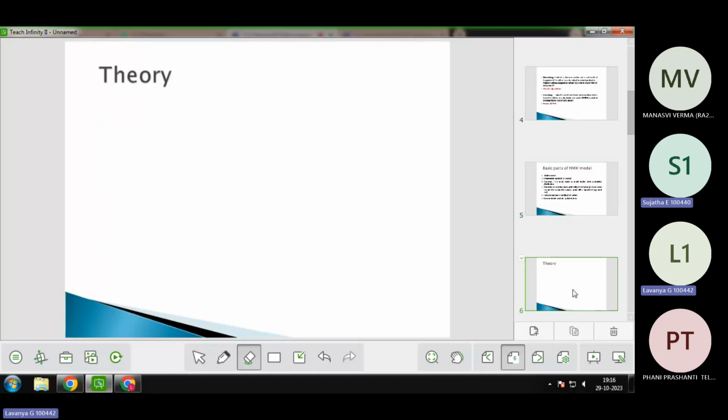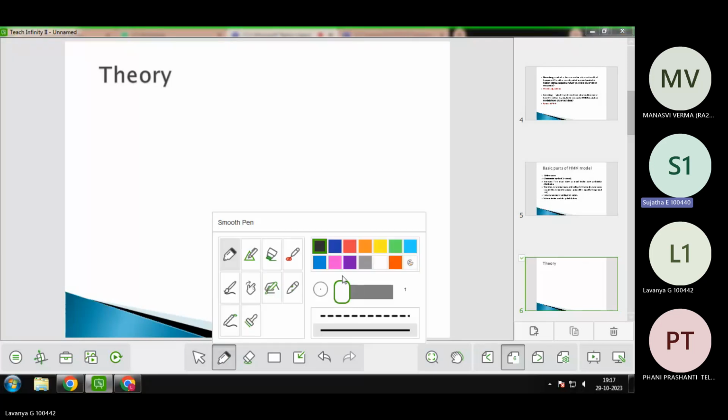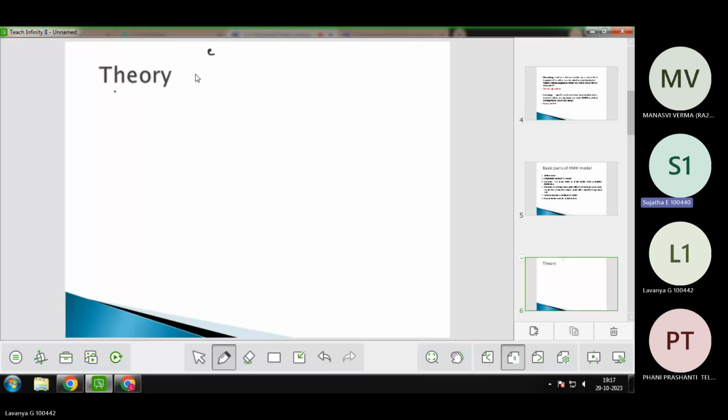Now let us go into the theory behind this. Let us take a very small example and then we will discuss each thing one after the other. Our HMM, or hidden Markov model, you can split into two main categories.